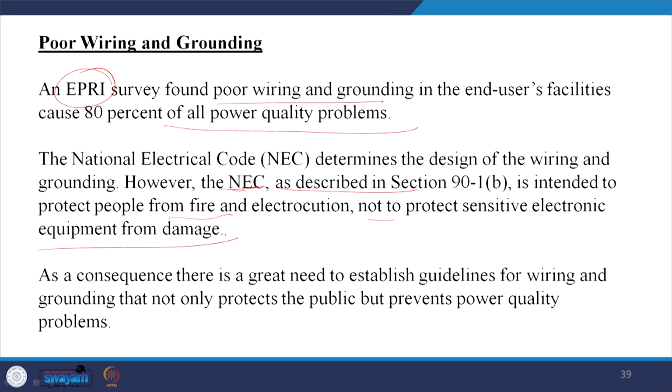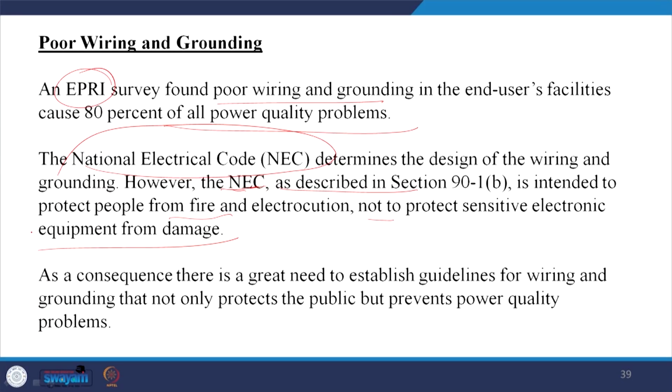So, this is something, please understand it. The NEC code is for fire and shocks and those issues, so that once you touch the machine you should not get a shock.